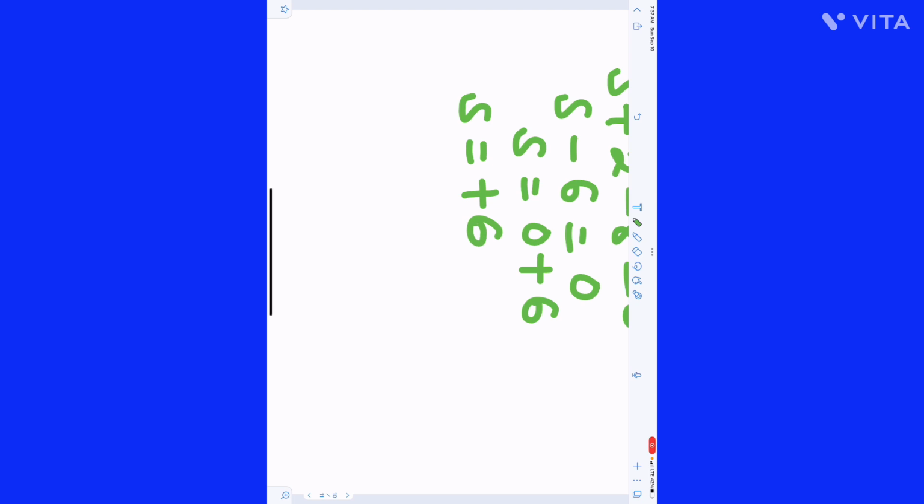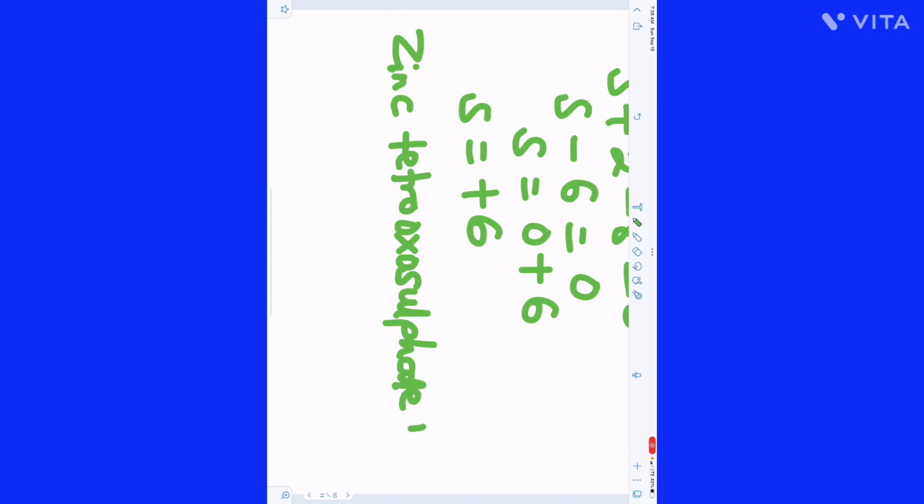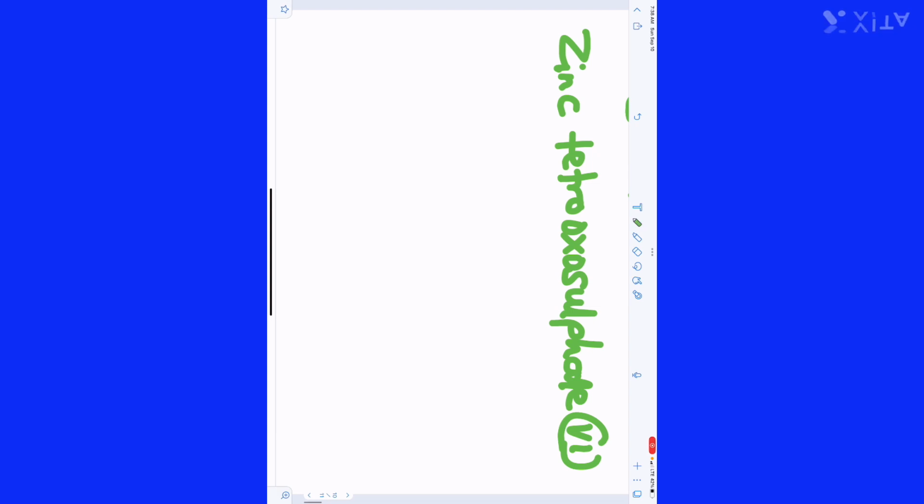So this compound has zinc and SO4 2 minus. We call the compound zinc tetraoxosulfate 6. It's a salt. Number 2 now. Number 2A.